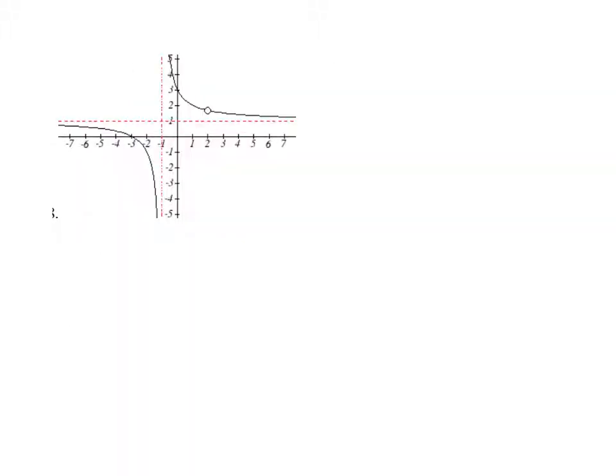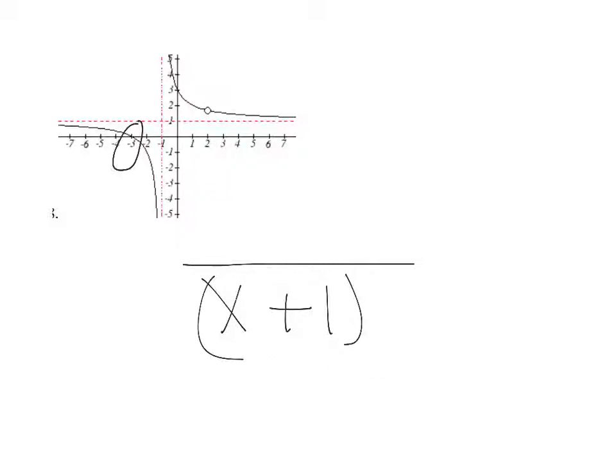Okay, last problem, which should call your attention is that hole in this graph. So I'm seeing a vertical asymptote at x equals -1. It's not acting like 1 over x squared, so I do not worry about that. I'm seeing a single 0 at x equals 3.